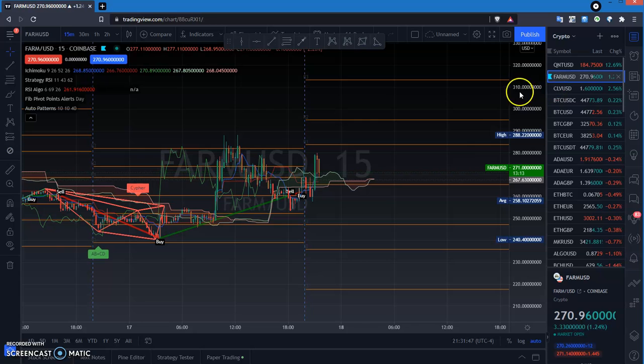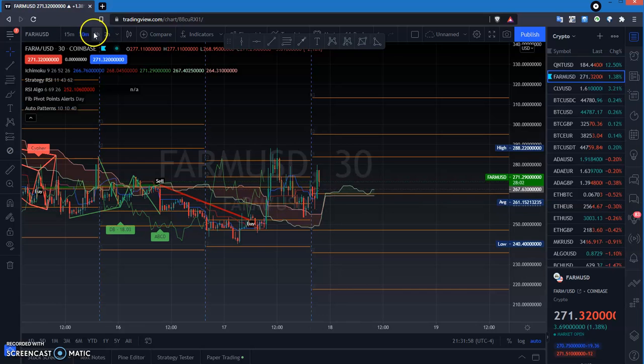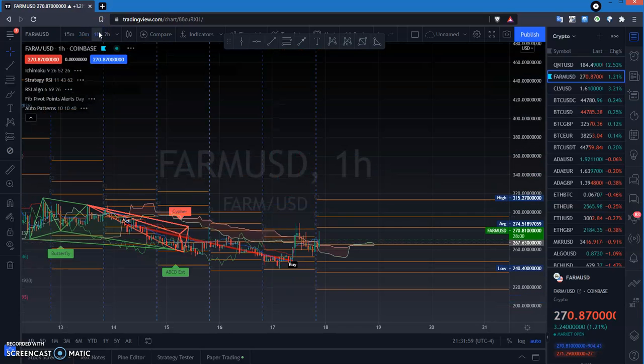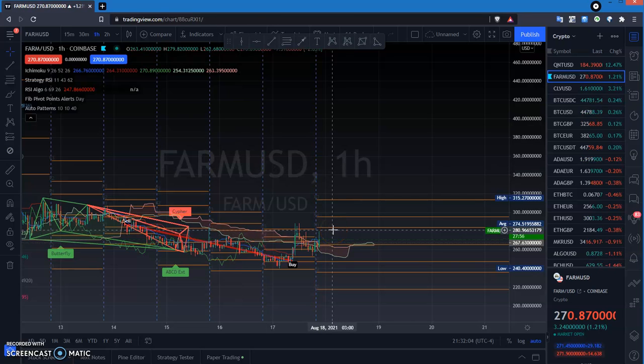I like this. I like this. See here, maybe let's zoom in. This is the 15 minute. The 30 is not going to look like this. Well, it's similar. It's okay. Now, the higher you go up in the time frame, the stronger the indicators are. The lower you go in the time frame, the weaker the indicators are.